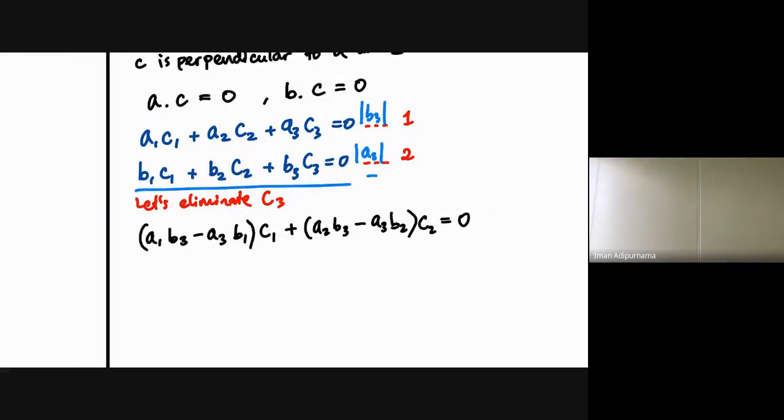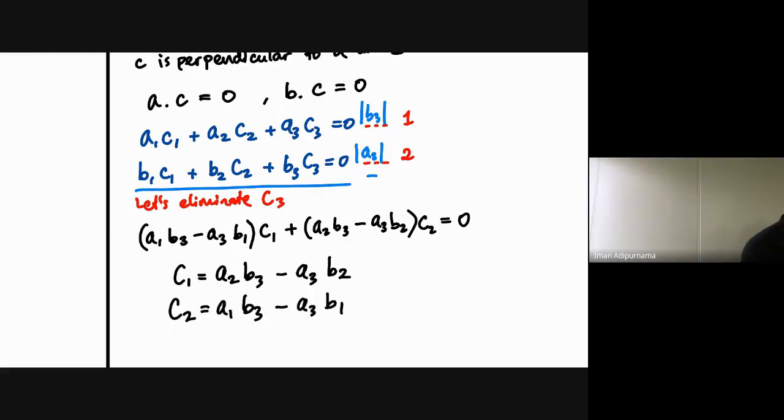If we see this form, we can conclude C1 is this, and C2 is this, just by solving these equations. So C1 is A2 B3 minus A3 B2, and C2 is A1 B3 minus A3 B1.